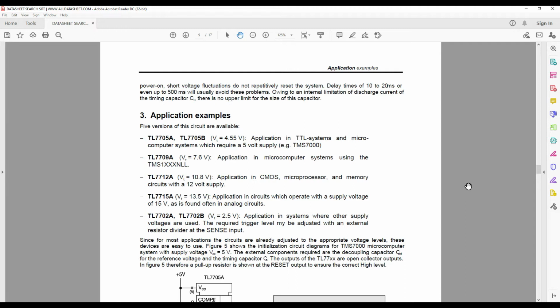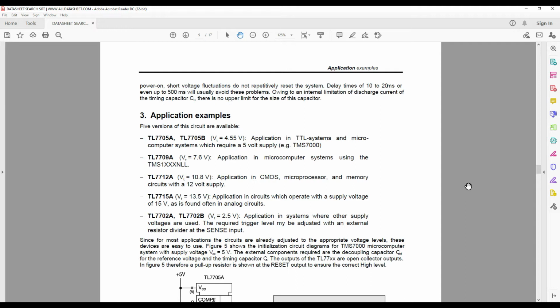TL7712A, 10.8 volts: application in CMOS, microprocessor, and memory circuits with a 12-volt supply. TL7715A, 13.5 volts: applications in circuits which operate with a supply voltage of 15 volts, as is often found in analog circuits.